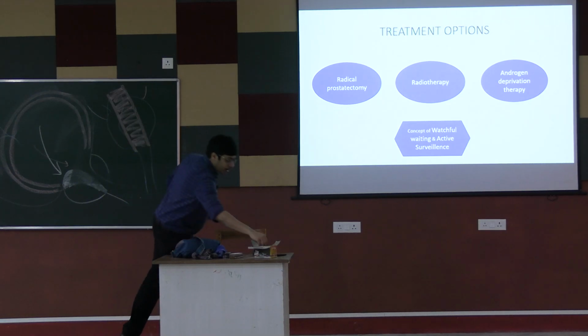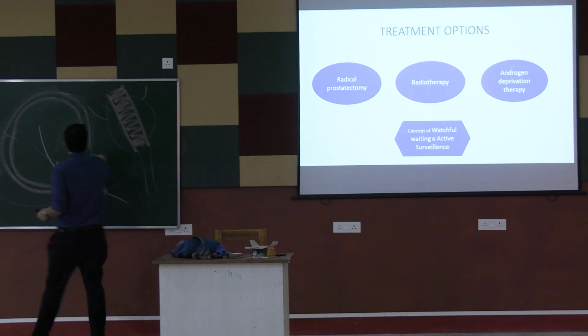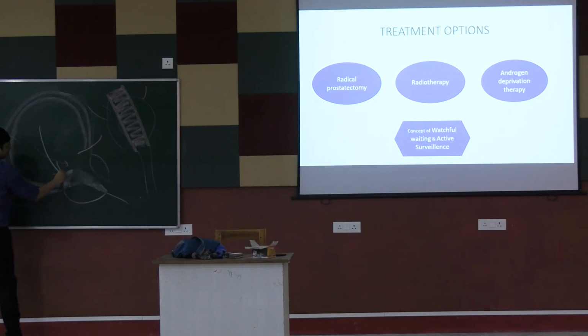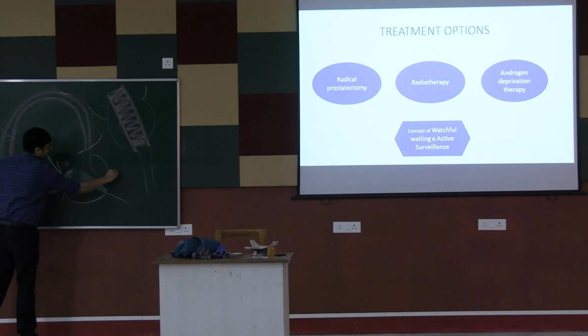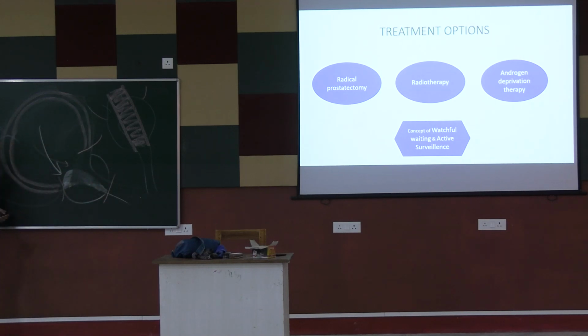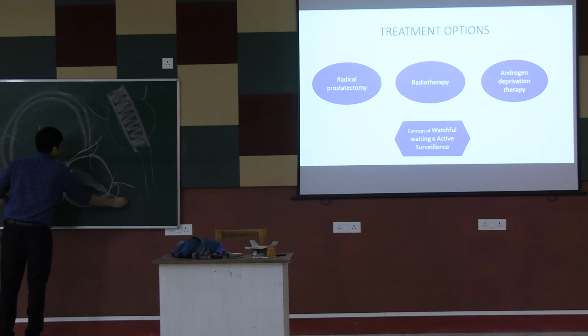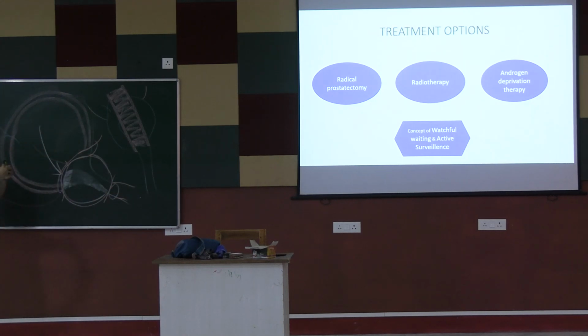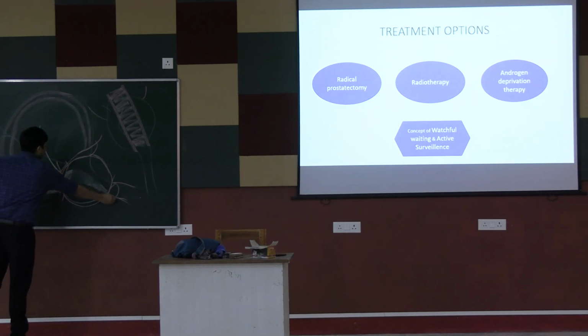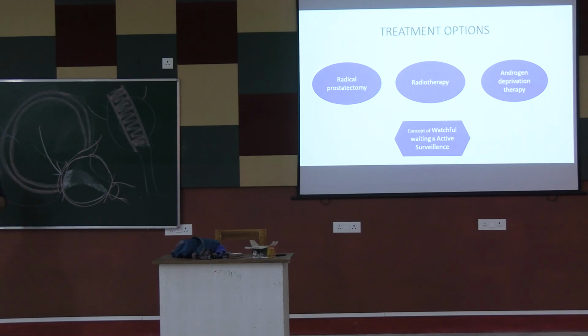Here, we disconnect the bladder neck from the entire prostate and the urethra from the entire prostate. Okay, so this whole prostate is removed. We are left behind with a bladder neck and a urethral opening. Now we join this bladder neck to the urethra directly and remove the prostate.